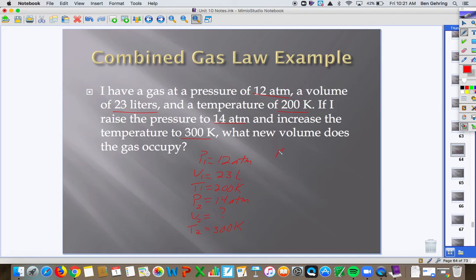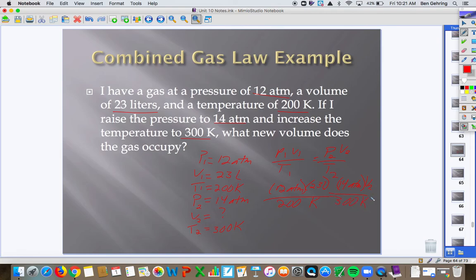So I know that P1 V1 over T1 equals P2 V2 over T2, and I'm going to put my numbers in. So I'm going to have 12 atmospheres times 23 liters divided by 200 Kelvin equals 14 atmospheres times V2 over 300 Kelvin.